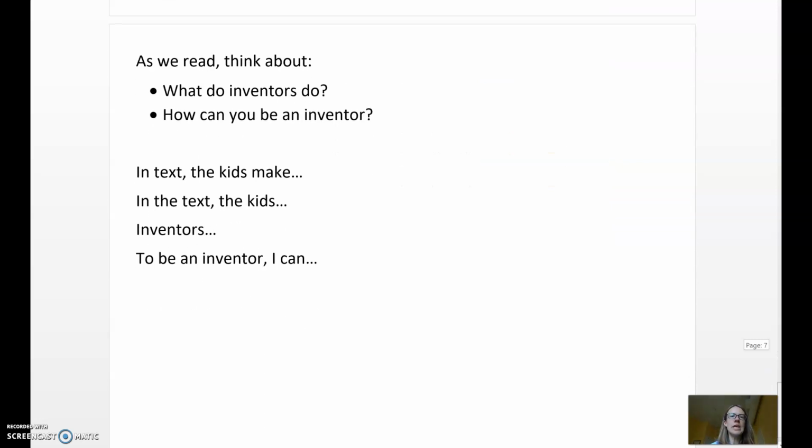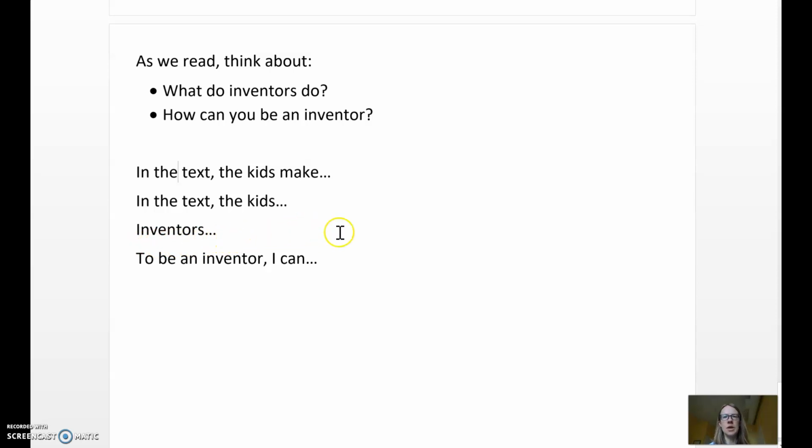We're going to continue reading the article today. As we read, think about what do inventors do? And how can you be an inventor? We're going to answer these questions at the end. You can use some of these to help you. You could say, in the text, the kids make, in the text, the kids, and say what they do.